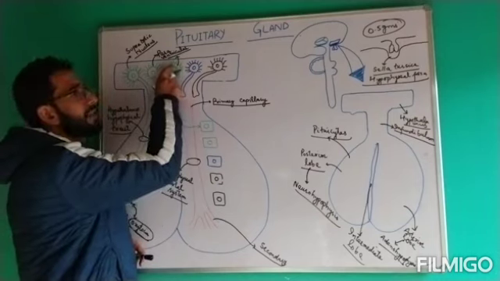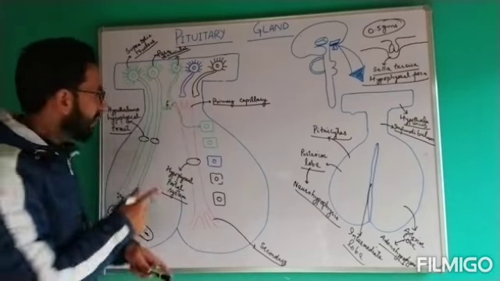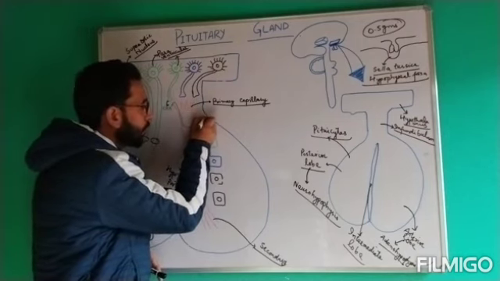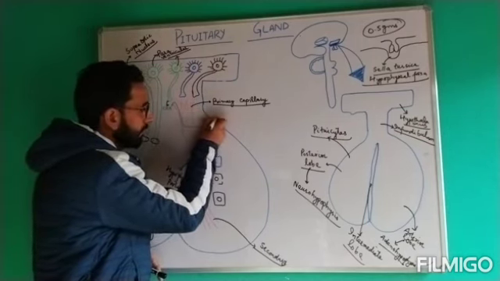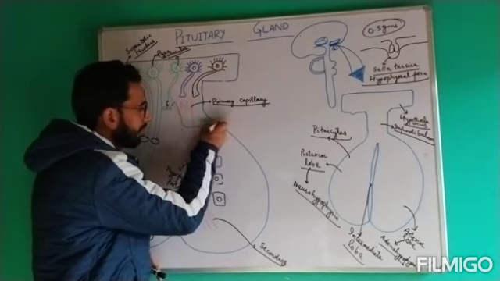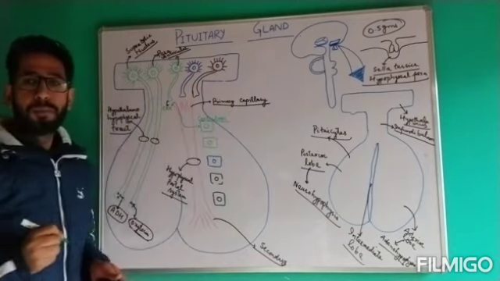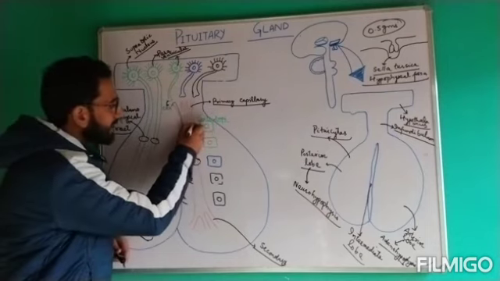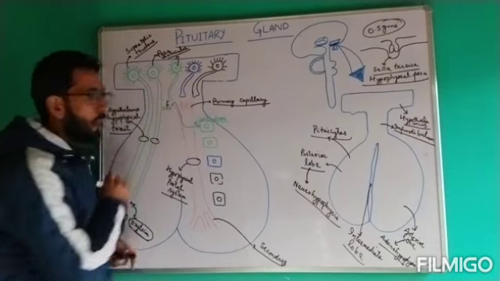It is the paraventricular nucleus. And this cell right here is called the corticotrope. So this corticotrope will be stimulated by this corticotropin releasing hormone.